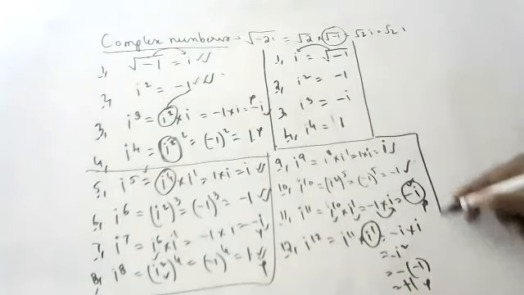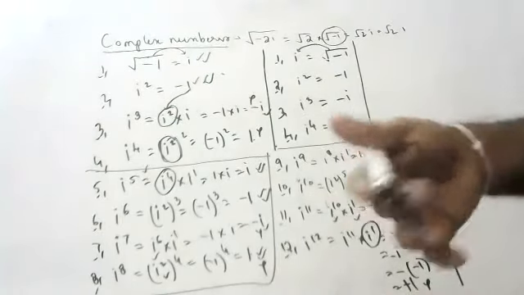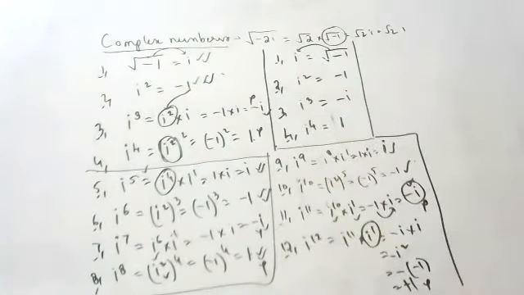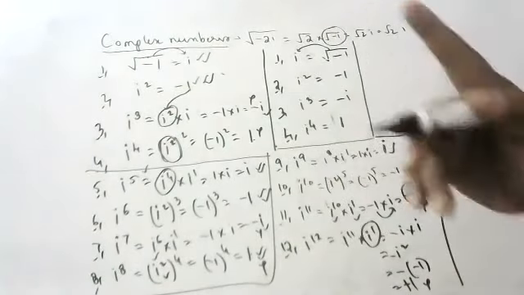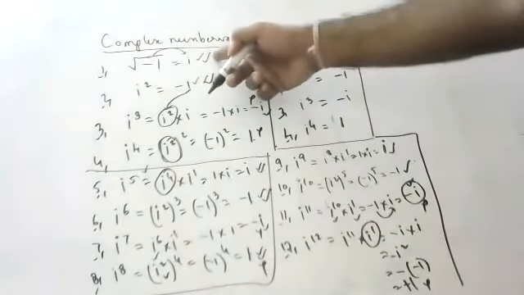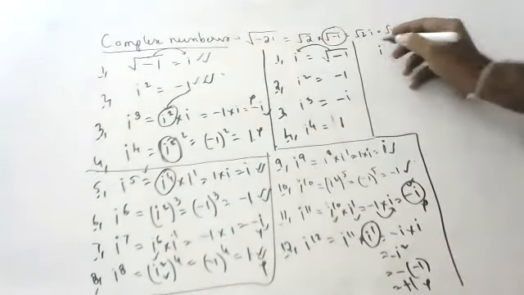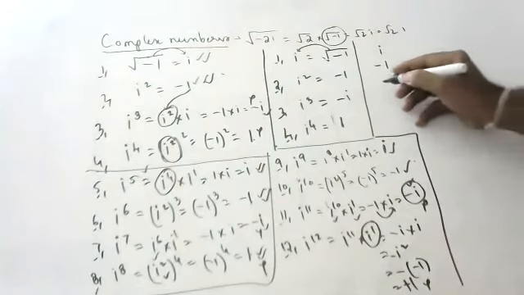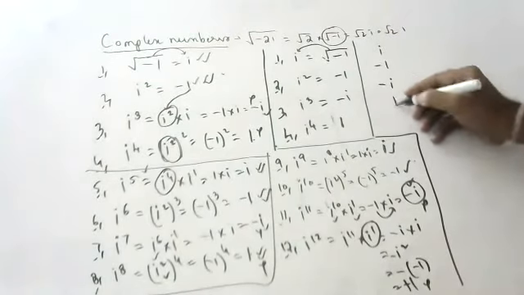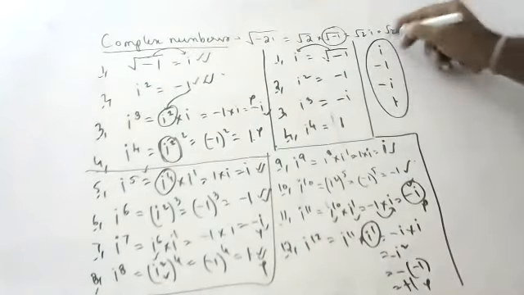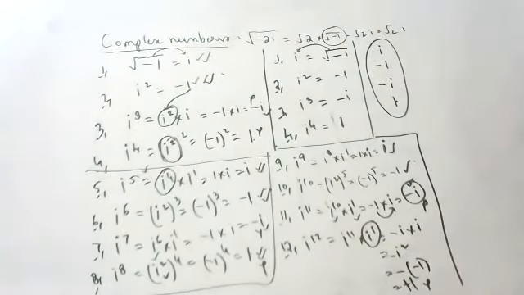It is repeating after every 4. Every time the first is I, the second is minus 1, the third is minus I, the fourth is 1. Every time only these answers are repeating.